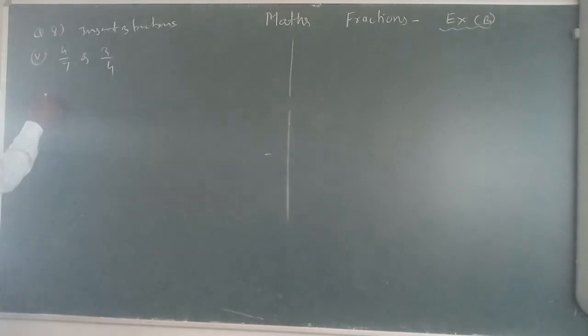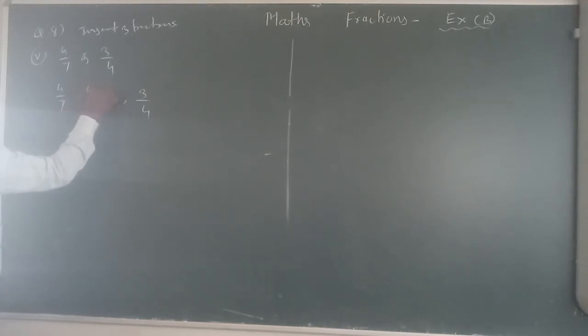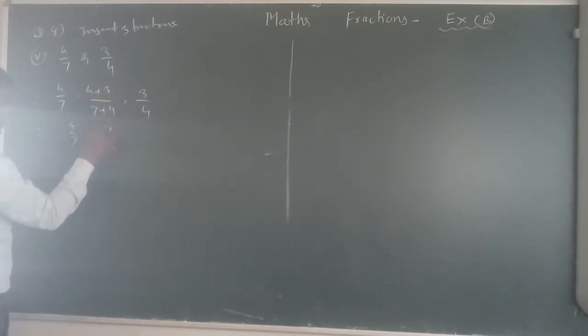So here, first one, 4 upon 7. उसके बाद दोनों की एडिशन, इन दोनों के बीच में इंसर्ट करना है, तो ये फर्स्ट और लास्ट वाला दोनों साइड में लिख देंगे और बीच में दोनों की एडिशन 4 plus 3, 7 plus 4. Understood? So 4 upon 7, 7 plus 4 is 11, 3 upon 4. This is the first one.